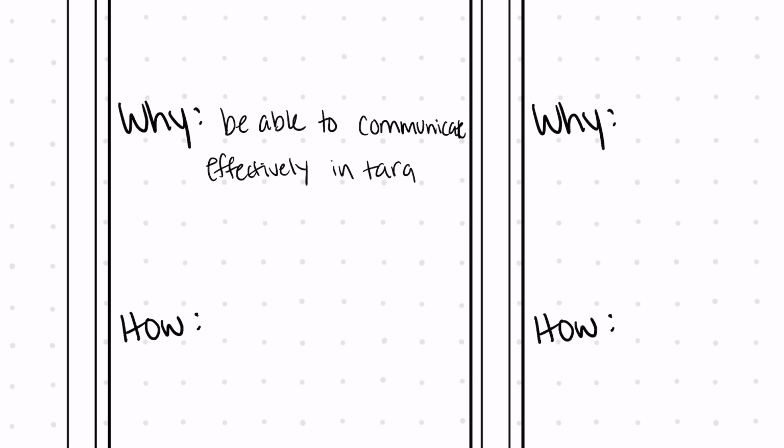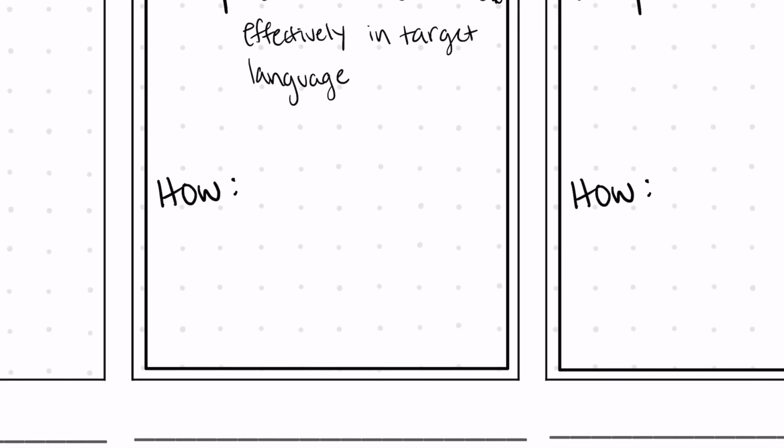It is important because we need to be able to communicate effectively. I'm having so many issues with writing. We need to be able to communicate effectively in the target language. And then how do we know that we are successful?